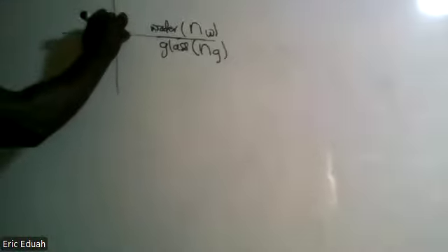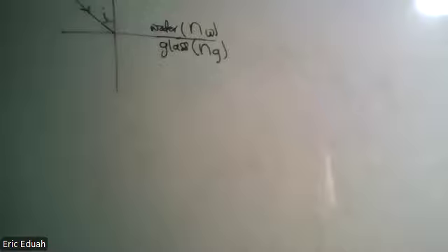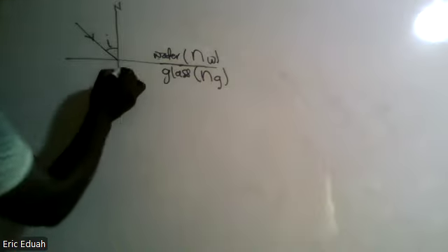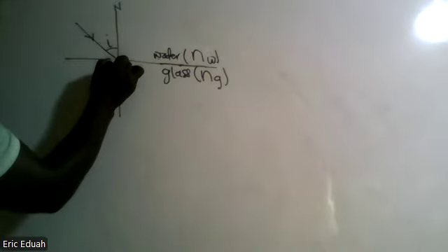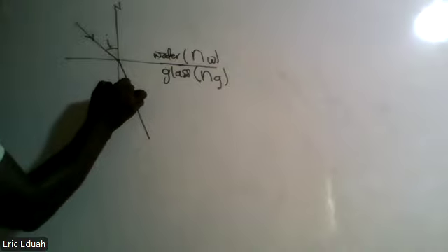So the light is incident in water at an angle of incidence, and since glass is denser than water, it will bend towards the normal, and this is R.